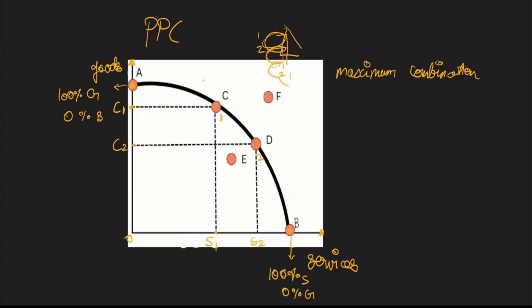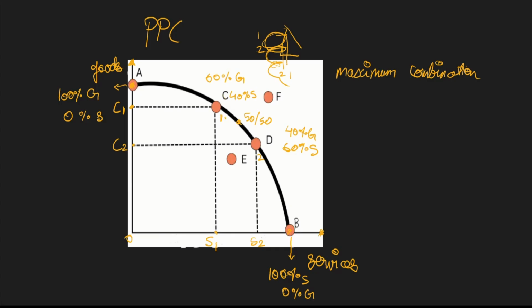So at C1, let's say 60% to goods and 40% to services, right? And here we have 40% goods and 60% services. These are combinations that occur. And here, let's say this is 50-50.